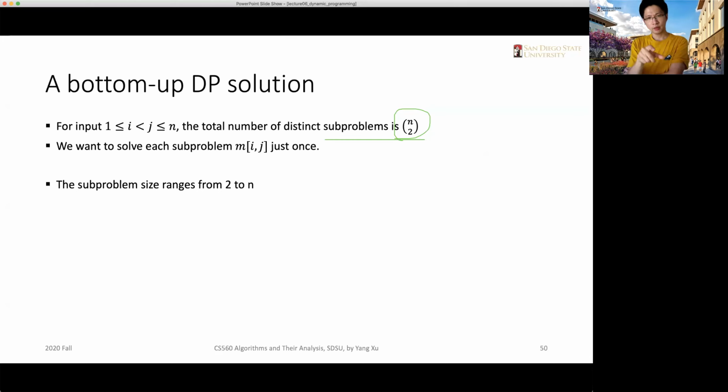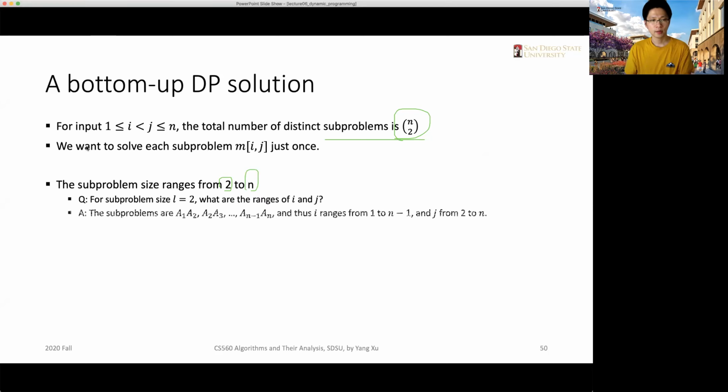And because we choose 2 elements among n as boundaries for the subchains, the smallest subproblem will be of size 2, right? That is the smallest subproblem, and the size n is the biggest subproblem.